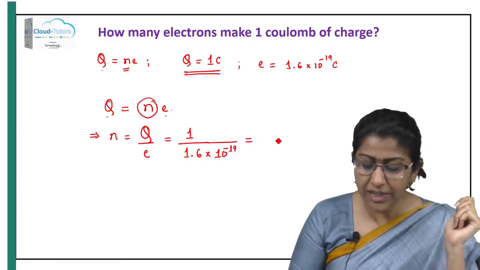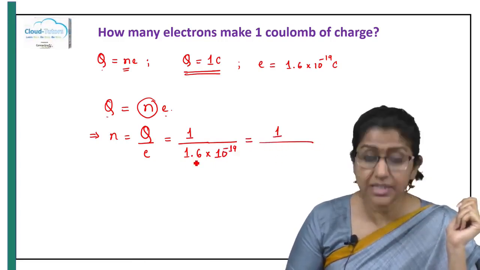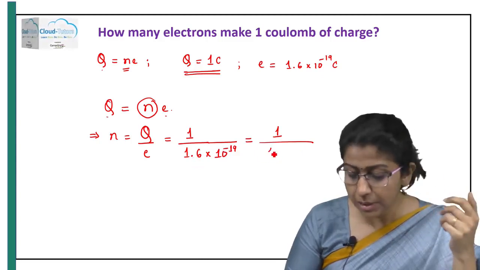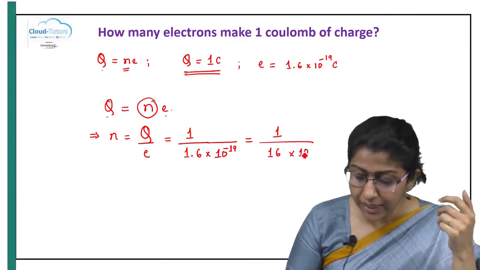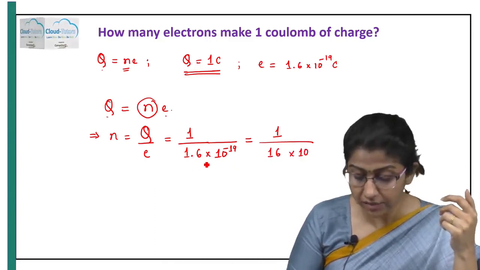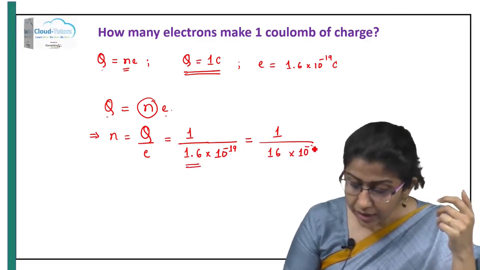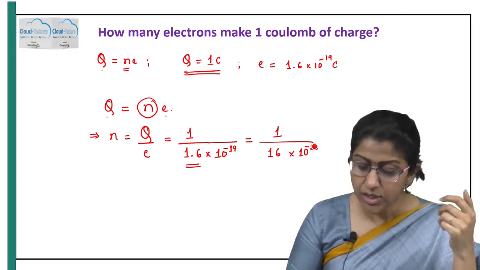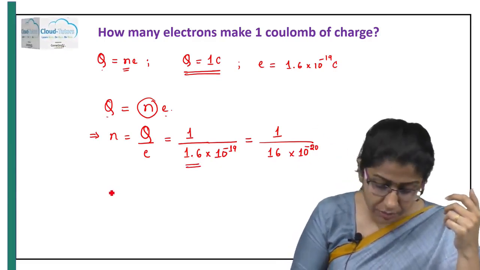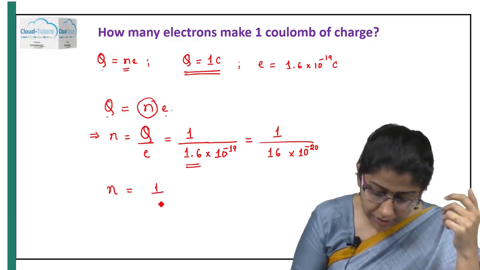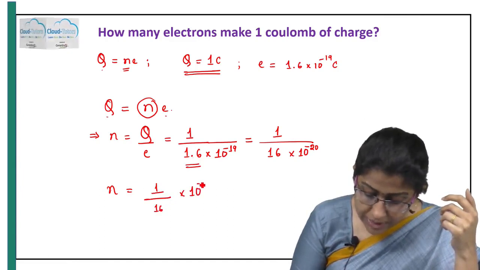If I simplify this, 1 divided by 1.6, I get rid of the decimal point, so I get 16 here. I removed a decimal point from this quantity, so I get 10 raised to minus 20. If I send 10 raised to minus 20 upstairs to the numerator, N is equal to 1 divided by 16 into 10 raised to plus 20.